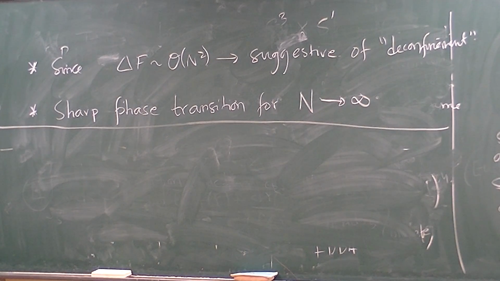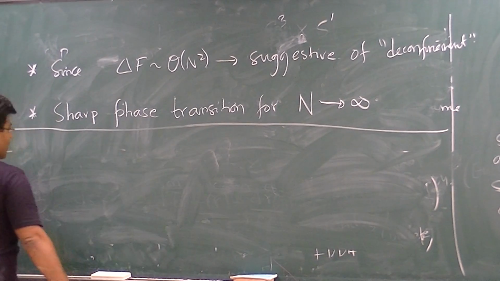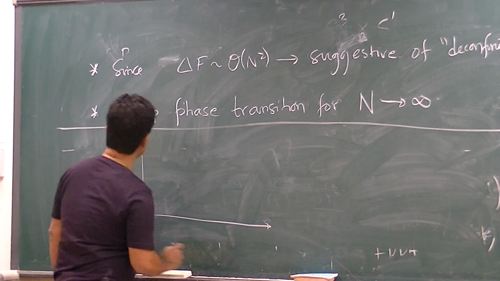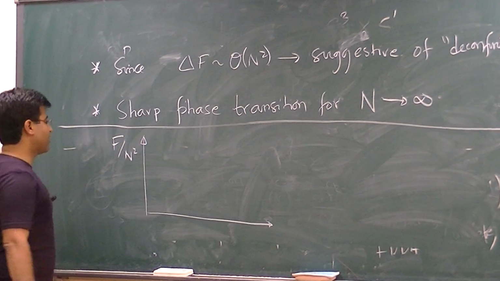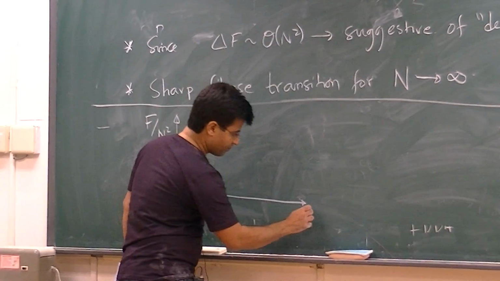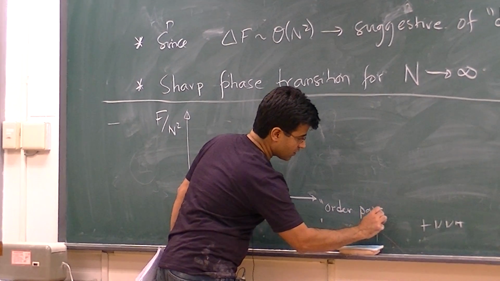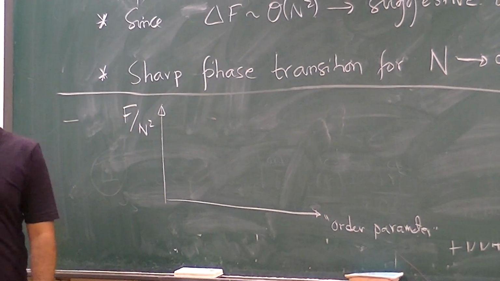Okay, so once you have this picture in mind that you've got these three different kinds of saddle points in the gravity partition function, one is always tempted to draw some kind of free energy per degree of freedom versus something which we don't know what it is yet. There's a phase transition, so we expect that there's some kind of order parameter.